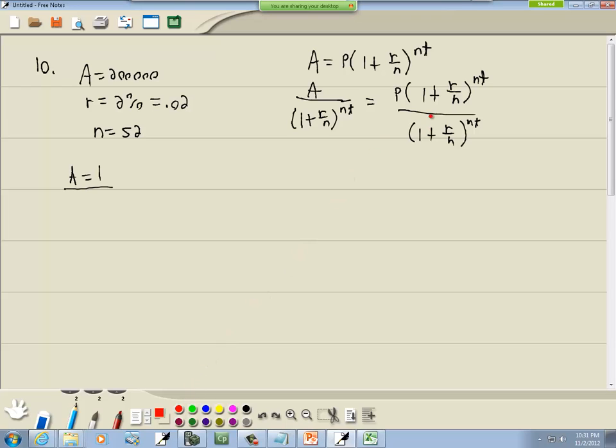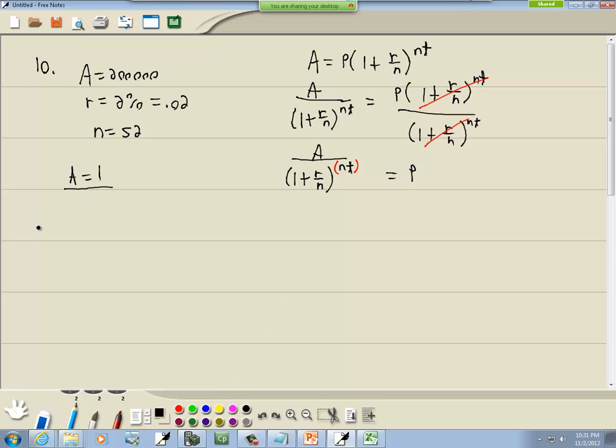We're actually showing the calculation for it, but those cancel. And we've got P is equal to A over (1 plus R over N) to the NT power. Now when you plug this in, whether it's on your calculator or in Excel, anytime you have more than a single number, single variable in your exponent, you have to put parentheses around that. So when I plug this in, I want parentheses around the NT power, like that.